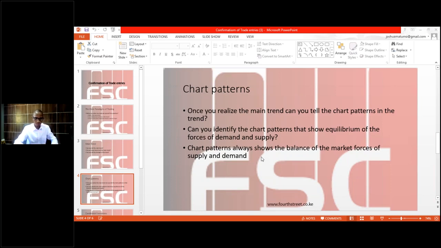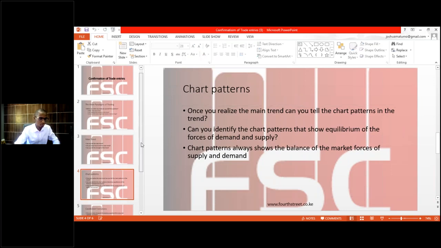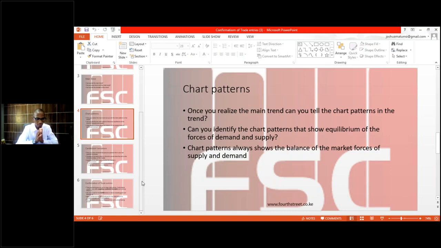And of course, we'll be getting to show you live, as I promised, on the live markets, how we approach the markets on the MT4 to analyze for trade entry confirmations, and how you're supposed to go about trade confirmations before you pull the trigger or open your trade.